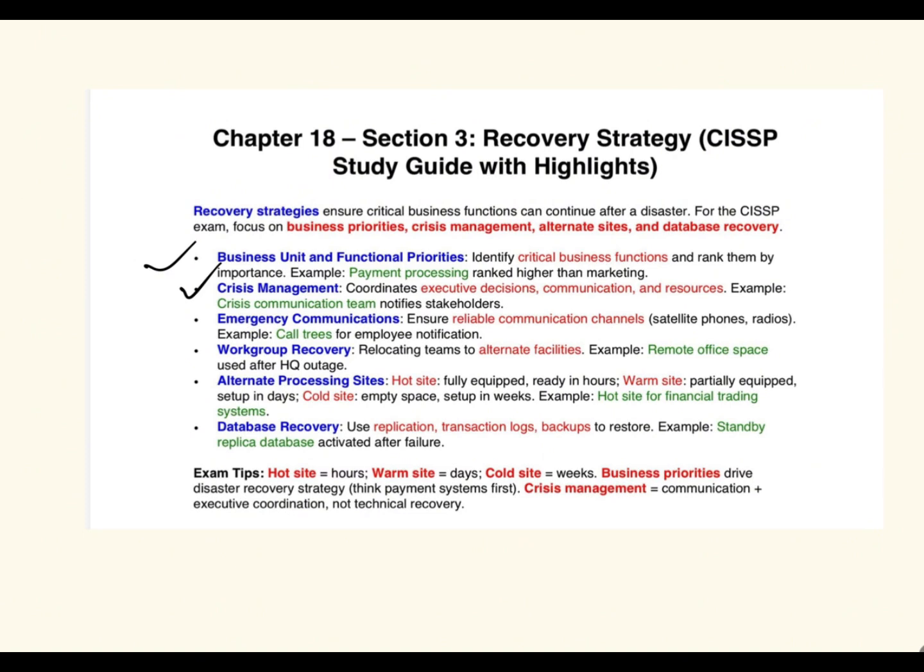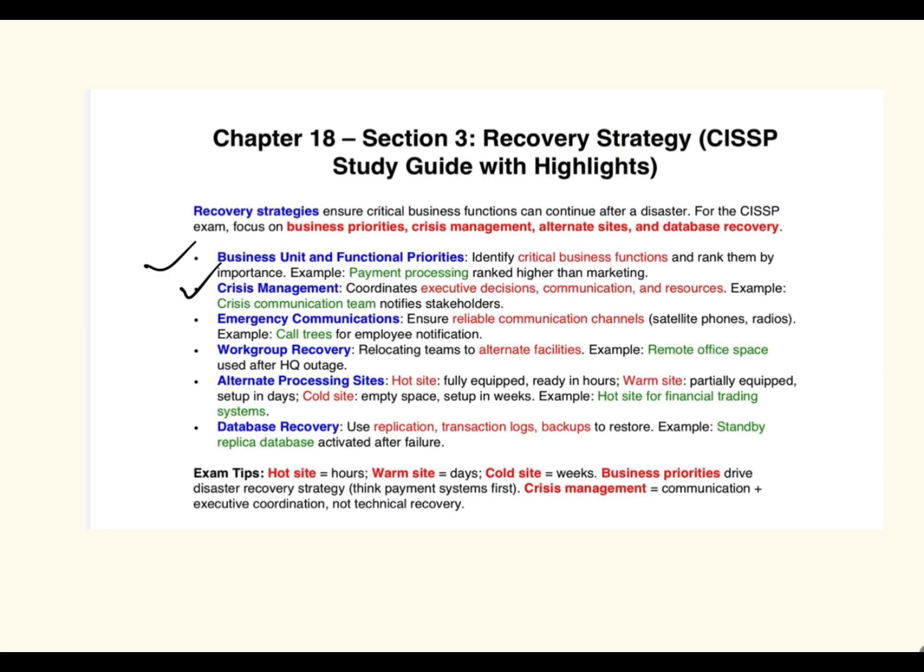So here we can say the crisis communication team informs customers and regulators after an outage or breach, right? Crisis management is communication plus coordination, not restoring servers. That is the job of the technical teams.